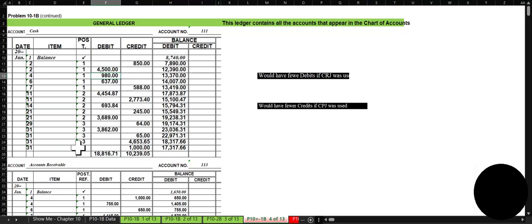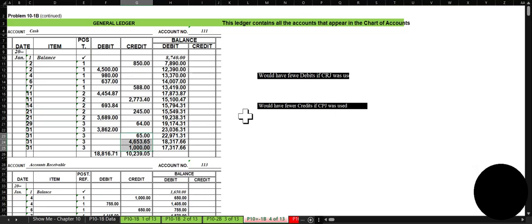But if they had multiple, for example, here on the credit side, you see they had multiple credits. If they were using the cash payments journal, all of these that occurred on that particular day would have been just one credit for the total.